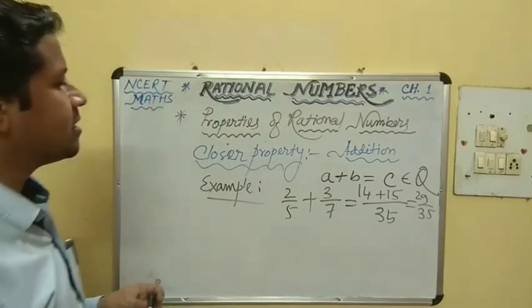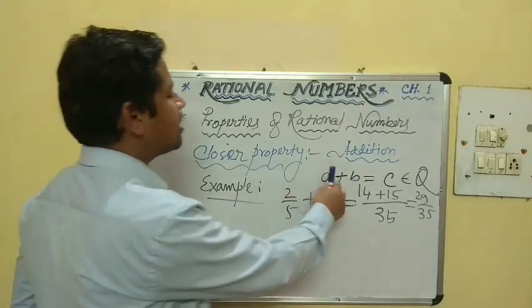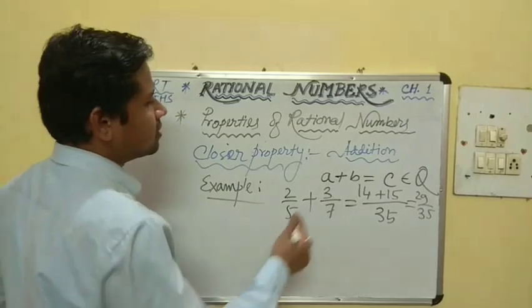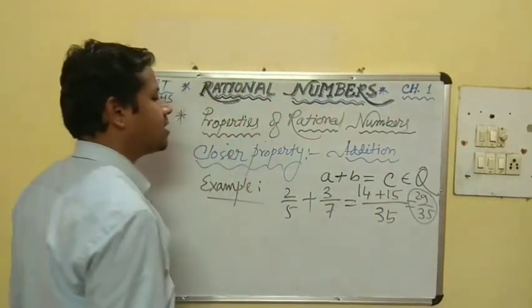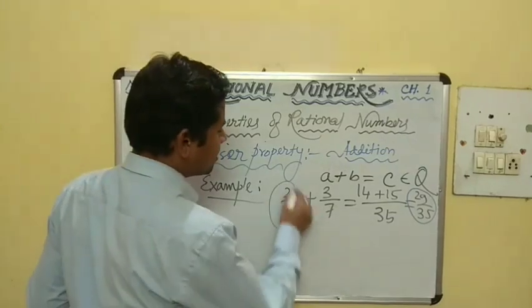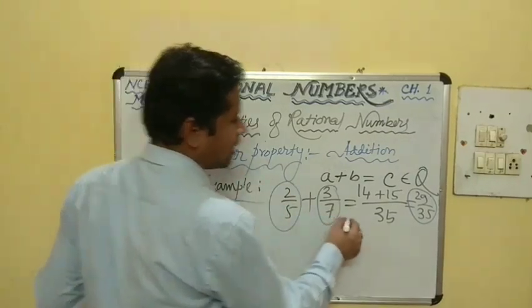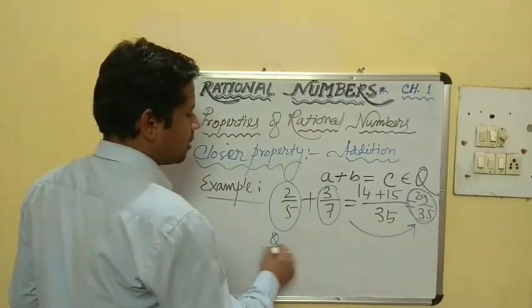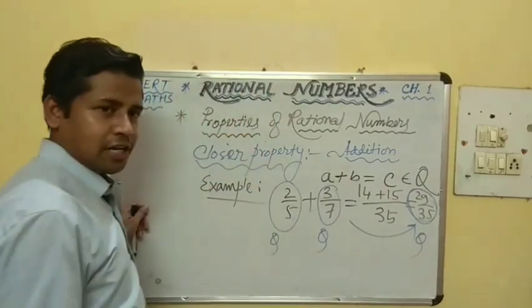You see that the numbers 2 by 5 and 3 by 7, when they are added, the result becomes 29 by 35. You know this is a rational number, this is also a rational number, and the result is also rational. Rational plus rational, the result is rational.